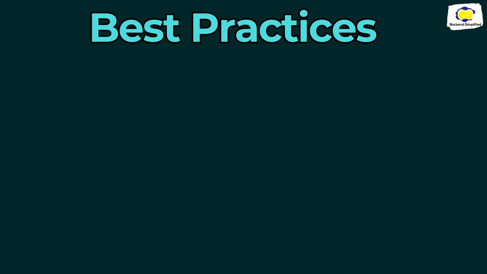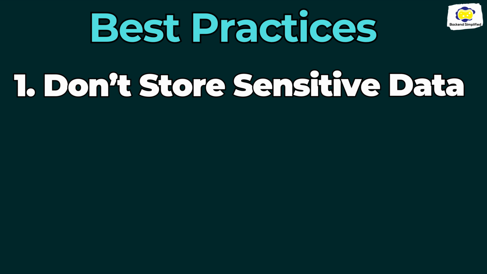Pay attention because this is the most important part of this video. First, when a token is provided, we can decode it, and like us, everyone can do it as well. So this is why we must not store any sensitive data in the payload, like credit card info and so on. Second, we send the payload with every request, and we have the ability to put whatever we want in the payload.